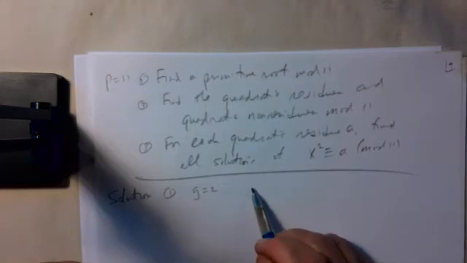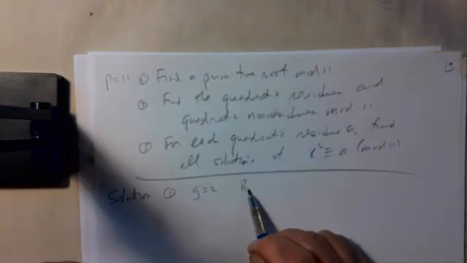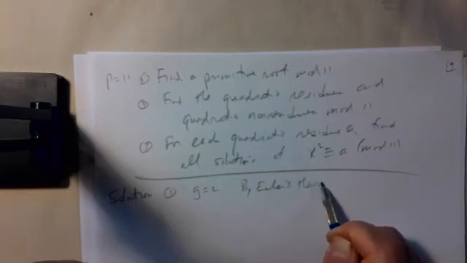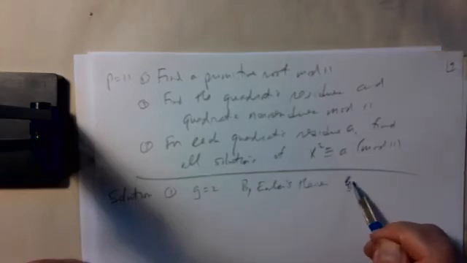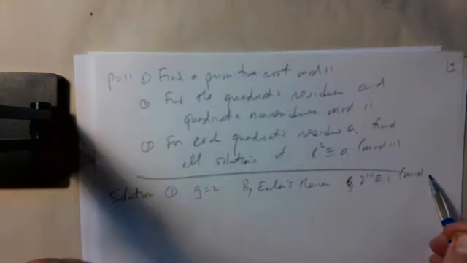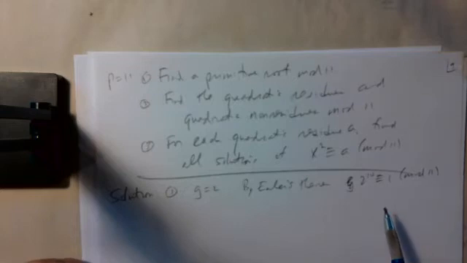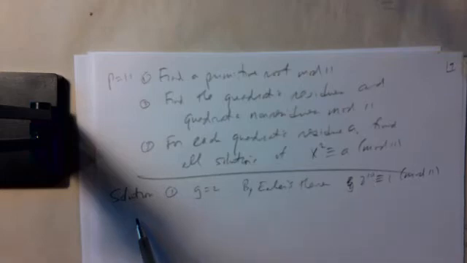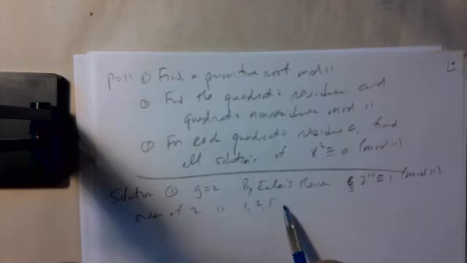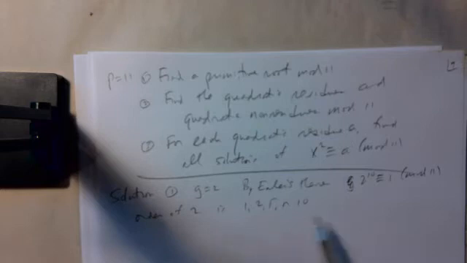So we know by Euler, 2 to the 10th is congruent to 1 mod 11. Whatever the order of 2 is, it has to divide 10. So the order of 2 is 1, 2, 5, or 10.